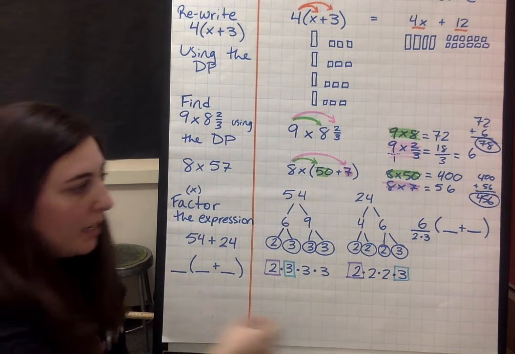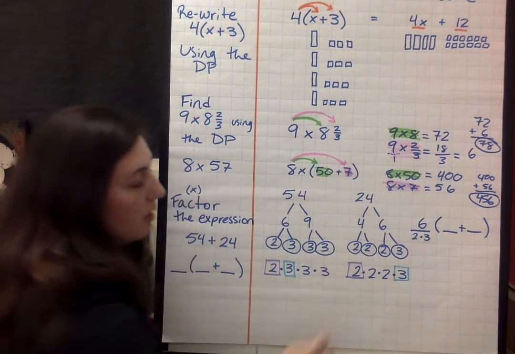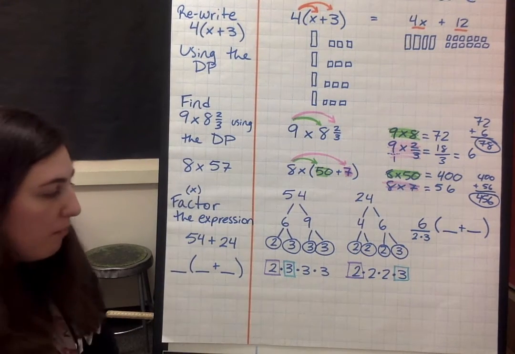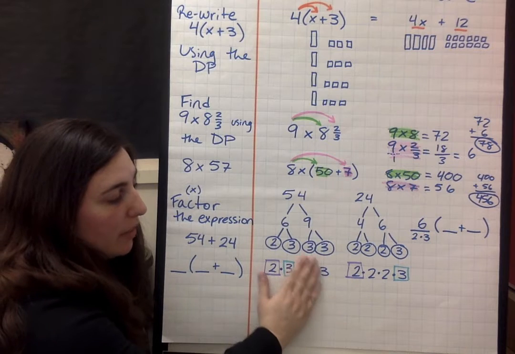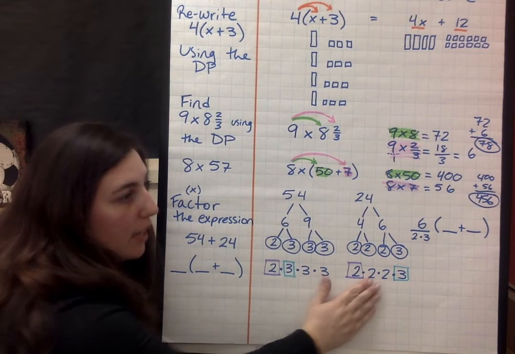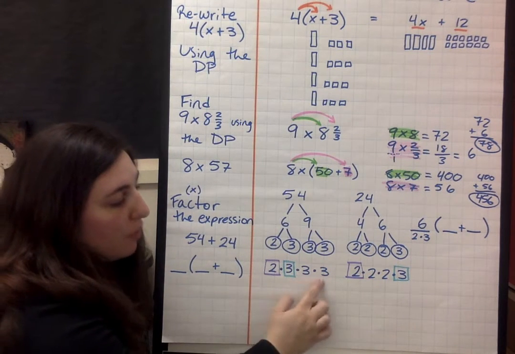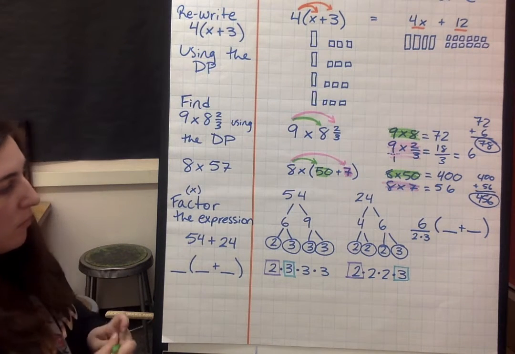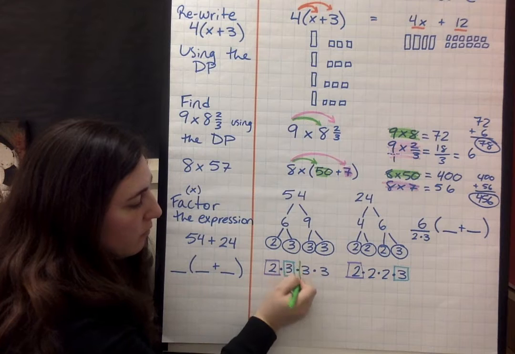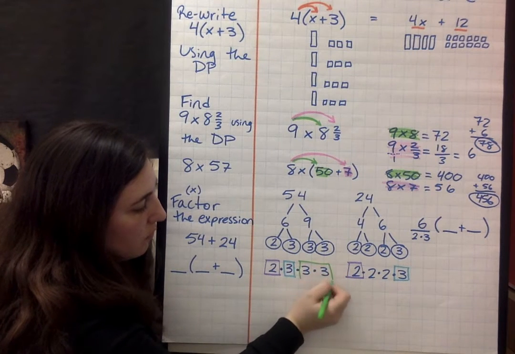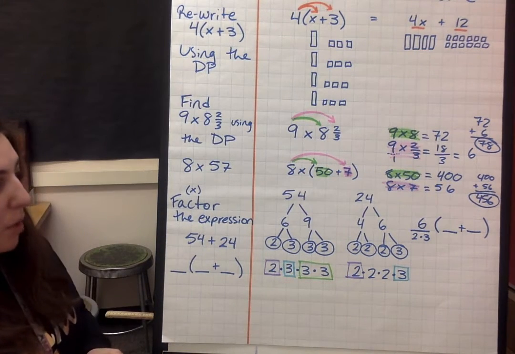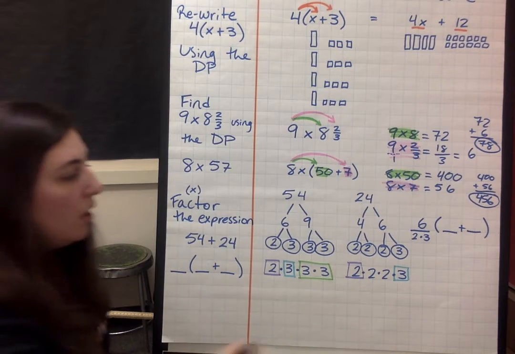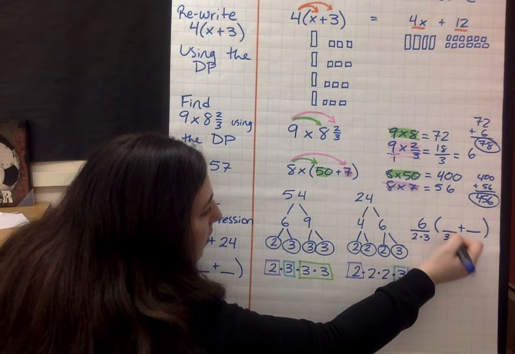Now, to find what should go in the other spots, I'm going to look at what is left on this side and what's left on this side. So on this side, we have 3 times 3 left. Okay, so I'm going to put that 3 times 3. It's going to go right over here.